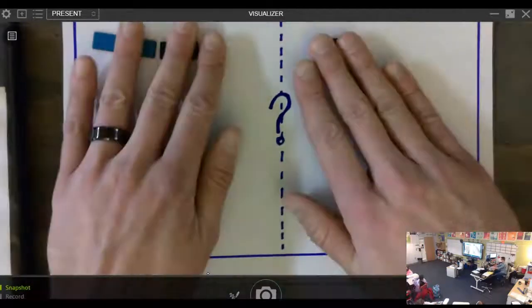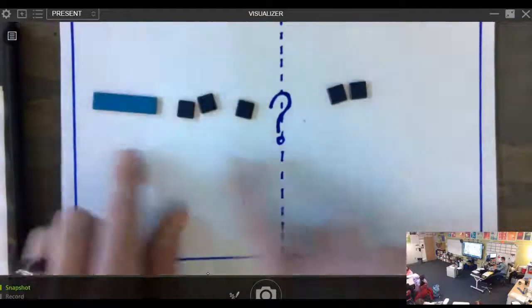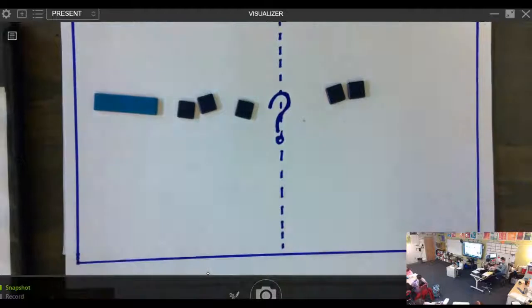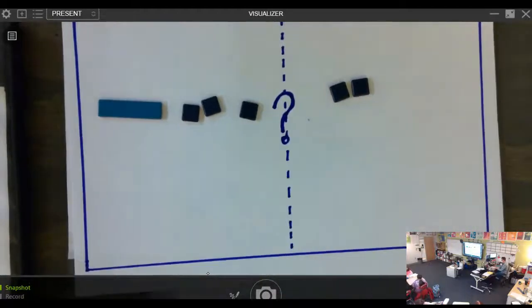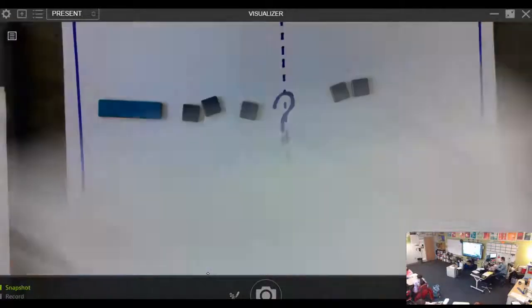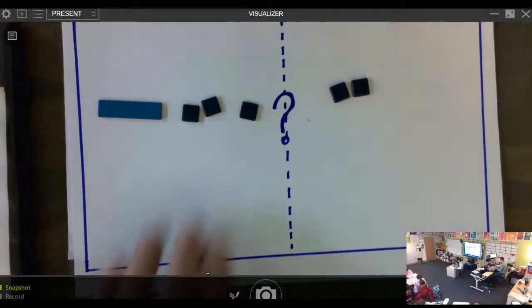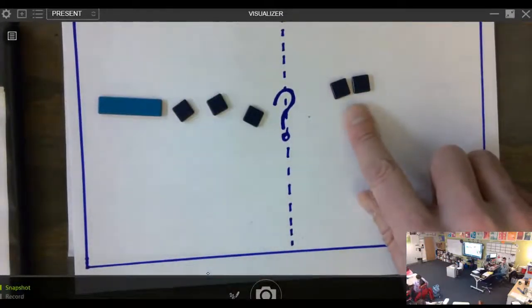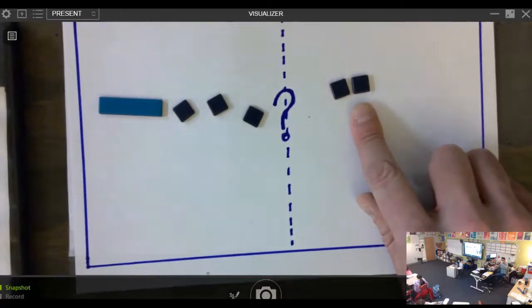So when we divide by 4, what we now have is x plus 3 equals 2. Then, and guys, this is on your handout right here. I can't take away 3 from the right-hand side, right? There aren't 3 to take away. Quote, unquote, I can't. Yes, I can.